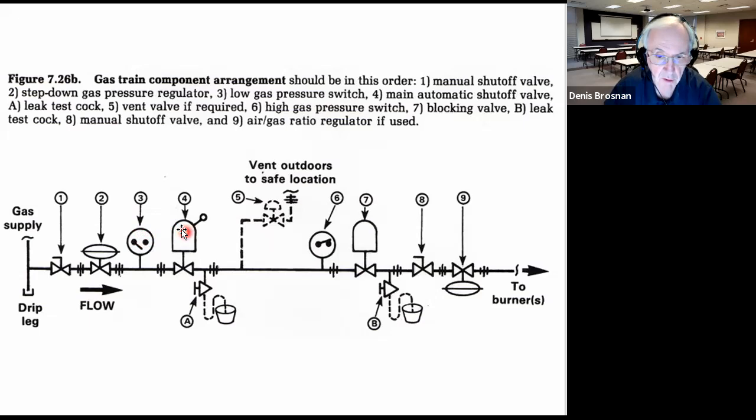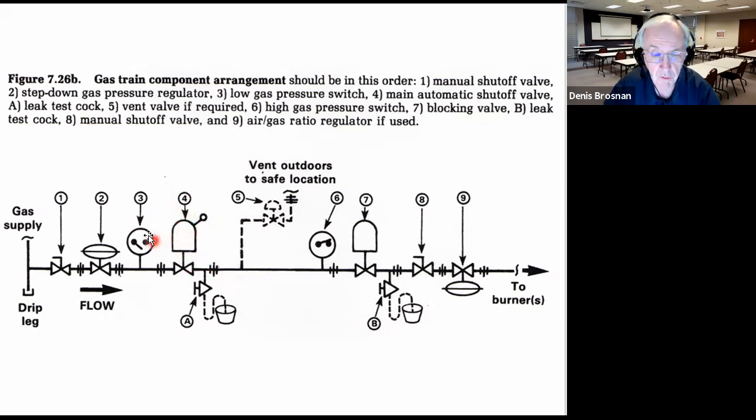That's typically called a shutoff valve in common vernacular. It may be called a blocking valve in some of the literature by the suppliers, but you can see a handle on it. The handle is down right now, not vertical, which means gas can flow in the system.